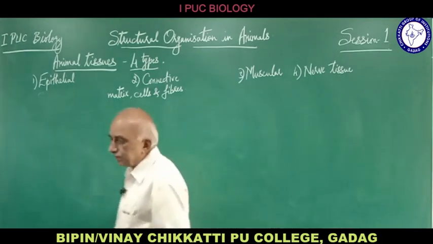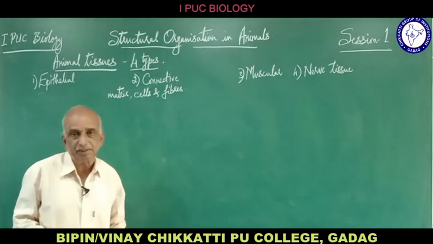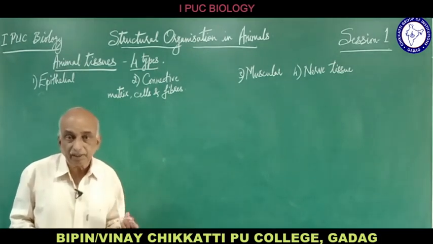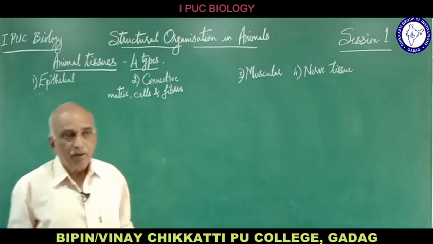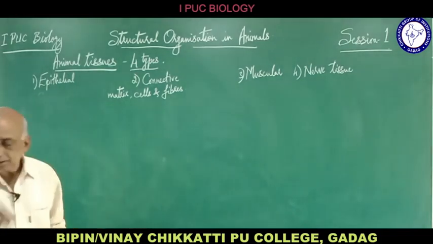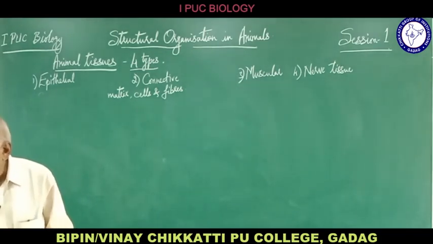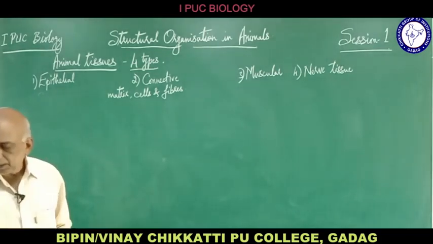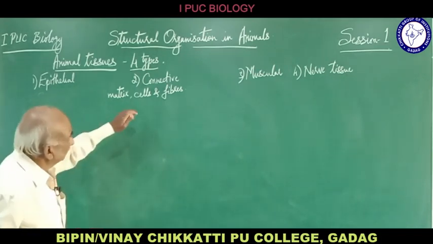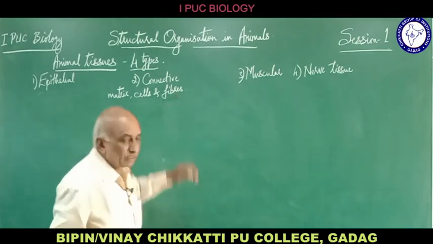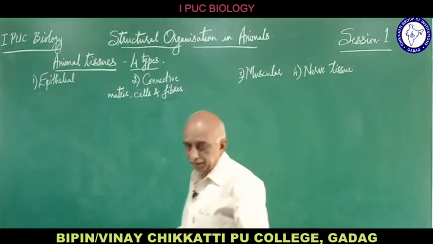The tissue consists of a matrix, also called ground substance, and there are different types of cells, or there may be only a single type of cell, and there are fibers. So this tissue helps in supporting the other tissues also. These fibers are present in all types of connective tissue except blood, which is one type of connective tissue.